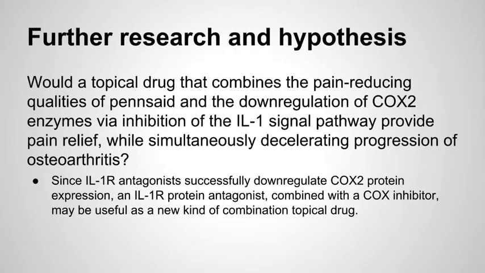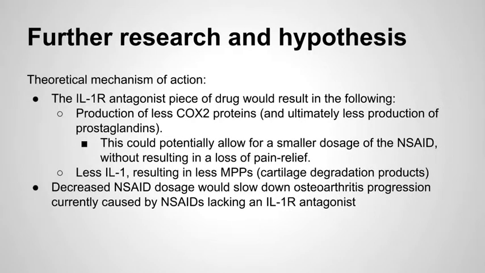Would a topical drug that combines the pain-reducing qualities of Pennsaid and the downregulation of COX-2 enzymes via inhibition of the interleukin-1 signal pathway provide pain relief while simultaneously decelerating progression of osteoarthritis? And my theory is yes, since interleukin-1 receptor antagonists successfully downregulate COX-2 protein expression, and an interleukin-1 receptor antagonist combined with a COX inhibitor like Pennsaid may be useful as a new kind of combination topical drug to treat osteoarthritis.